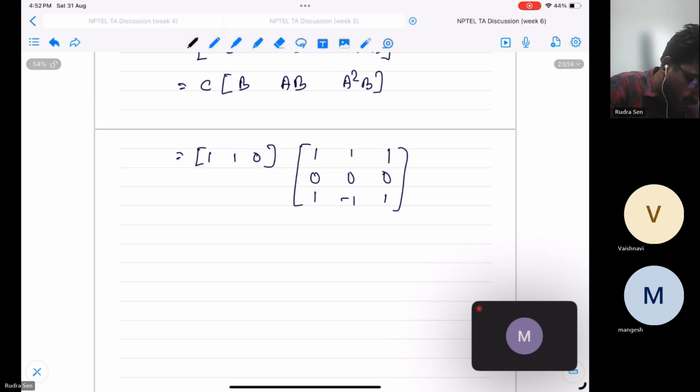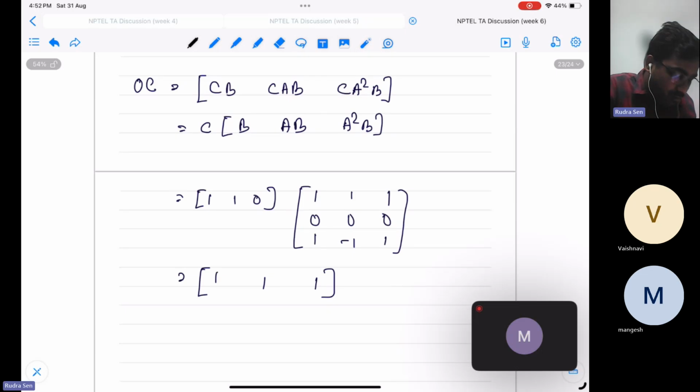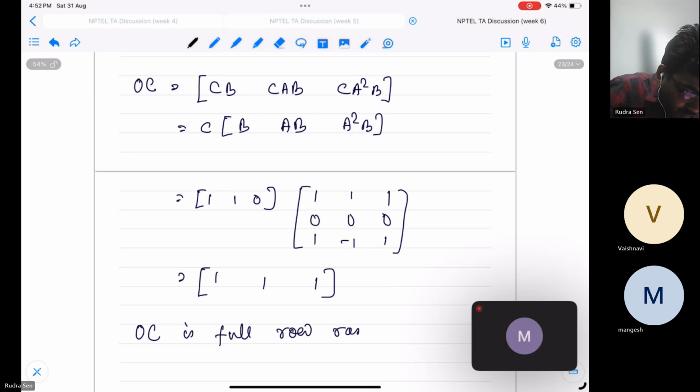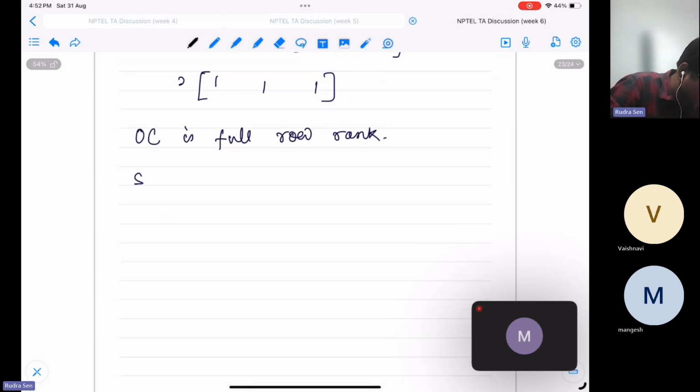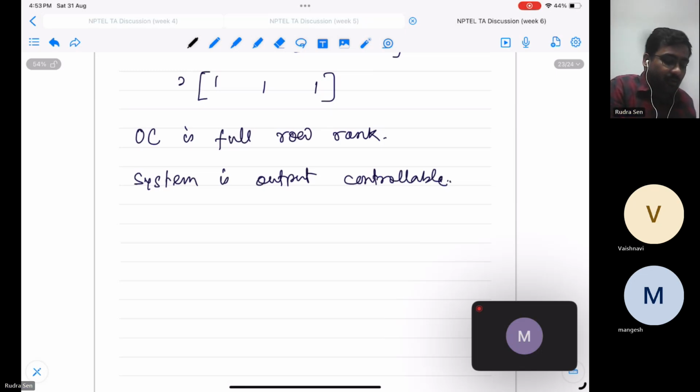Perfect. This is 1, this is 1, and this is 1. So OC is full row rank. That means the system is output controllable. Okay.